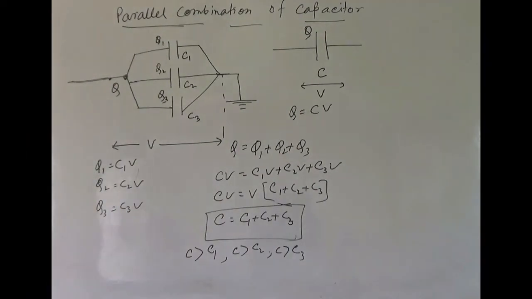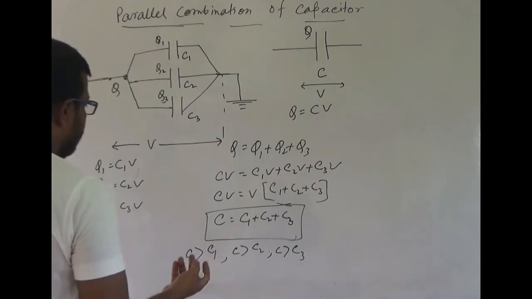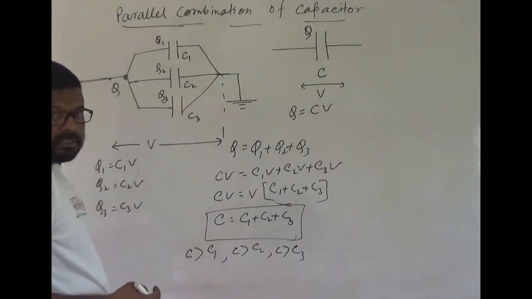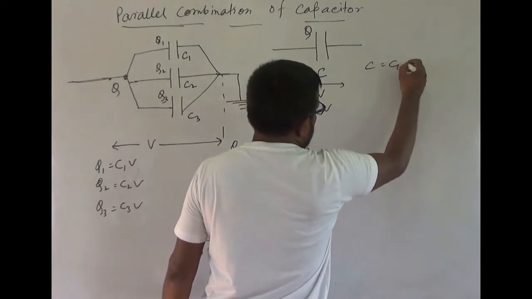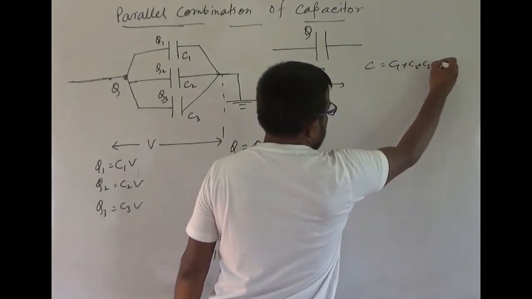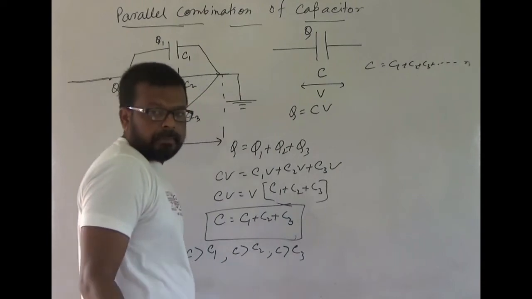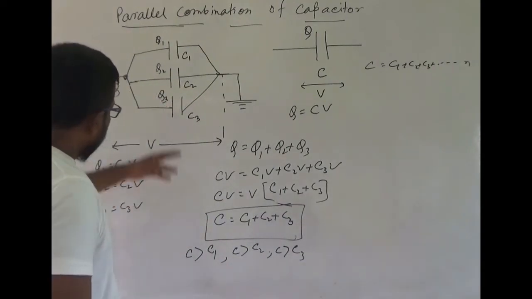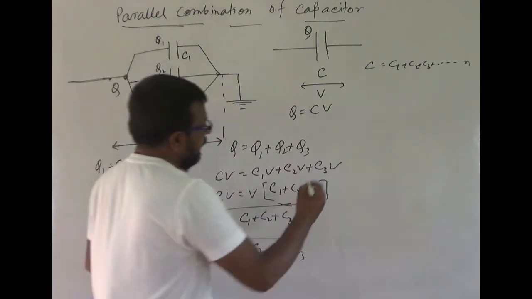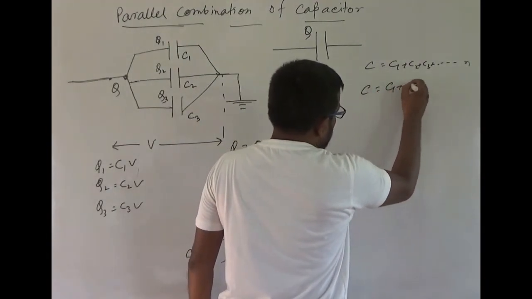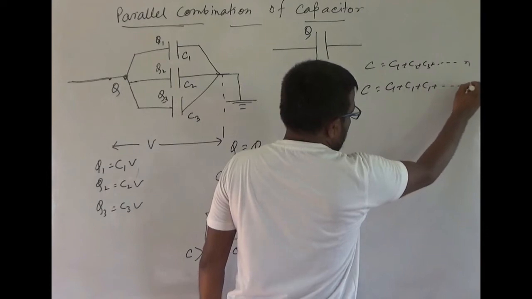That means the effective capacitance is greater than each capacitance. If we connect n number of capacitances, then what happens? The effective capacitance will be equal to C1 plus C2 plus C3, and so on up to n. And if each capacitor has the same capacitance C1, then C will be equal to C1 plus C1 plus C1 and so on.